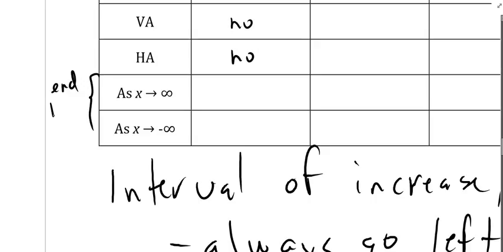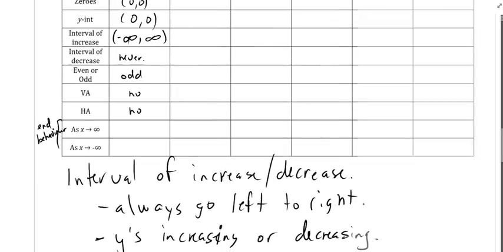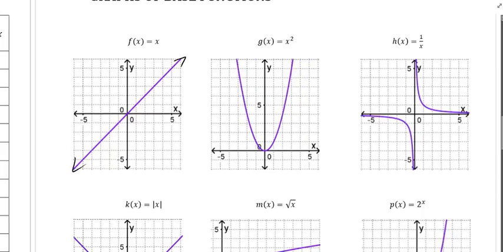I know this is a lot. Don't worry. You've got to work through it. You'll get there. This is a little bit different. Okay, this is called end behavior. So take a look at what that end is doing.